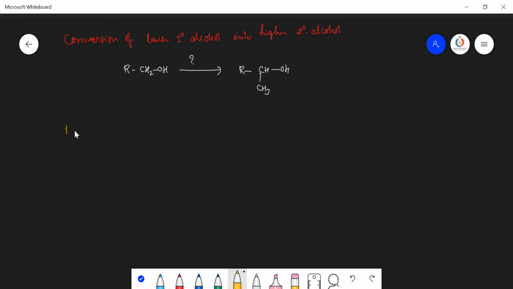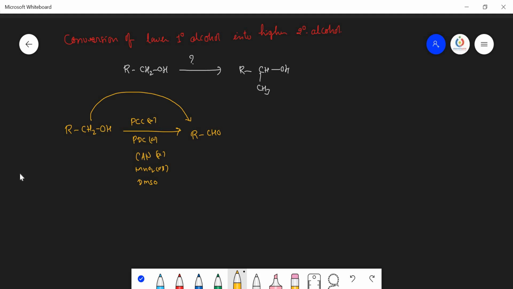So initially let us take this primary alcohol RCH2OH and treat it with PCC or PDC or CAN or MnO2 or DMSO. So many oxidizing agents we have introduced to you already. Any of these oxidizing agents convert the primary alcohol into the aldehyde.